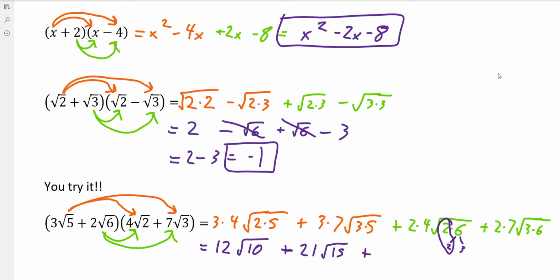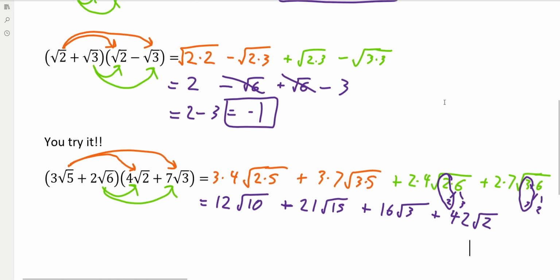So this will be 4 times 4, so 16 root 3 plus, and then over here we can take out a 3 out of our radicals. So 14 times 3 is 42 root 2.